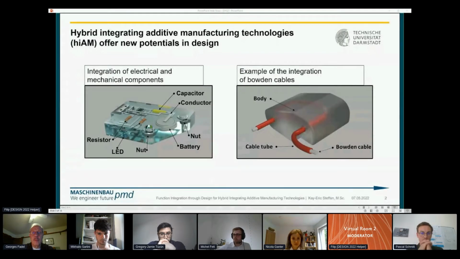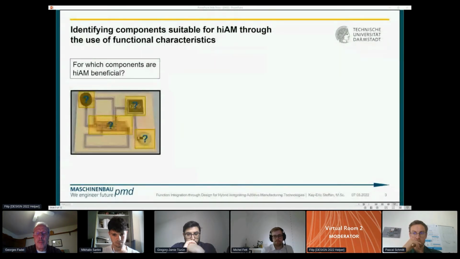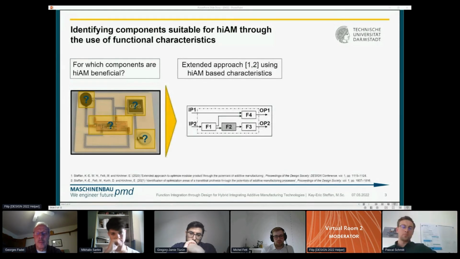The potentials of the functional integration of these processes open up new design freedom for the development of products. But high AM manufacturing is not appropriate for every part of the product. We want to know which components are beneficial for the use of high AM specific potentials. In order to find these beneficial components, functional characteristics are derived, which are used in the product development process.